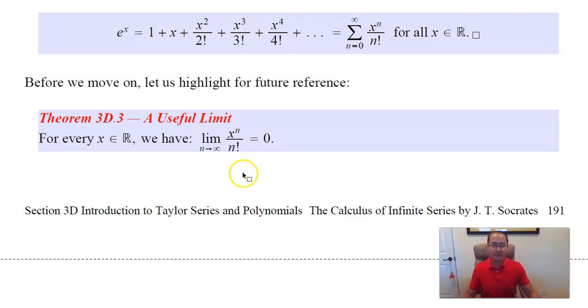Not at all obvious. But now that we know that this is absolutely convergent, then the terms, as we said, must go to 0. So this is a very useful limit. It is not at all obvious that these terms are going to go to 0. But since we know that the series converges, those terms must go to 0.